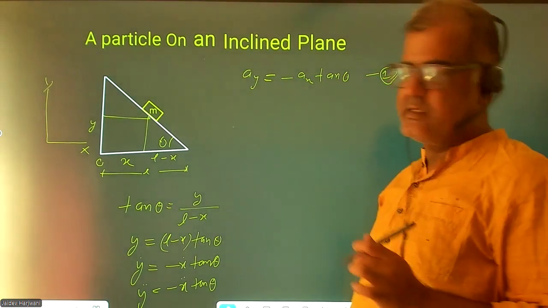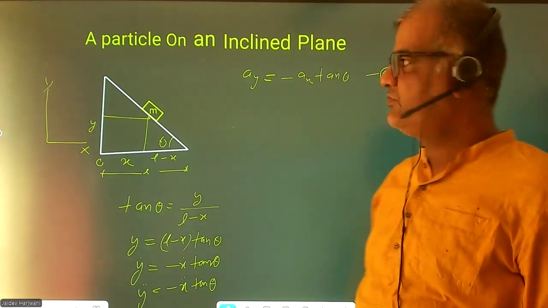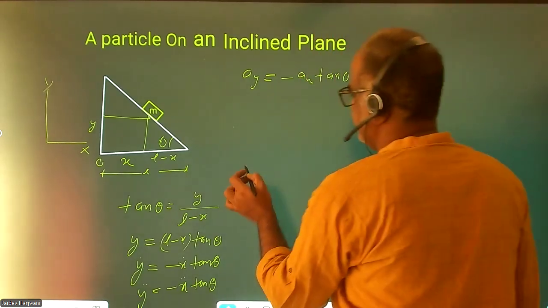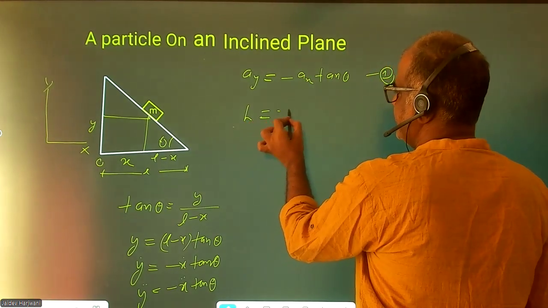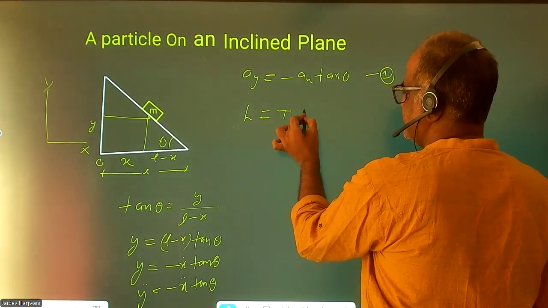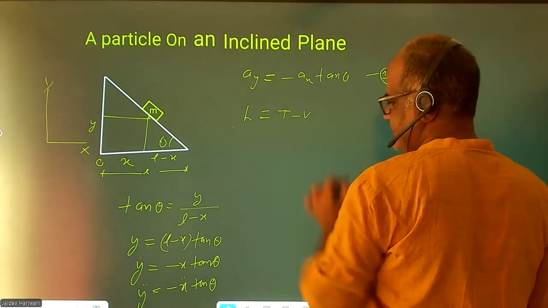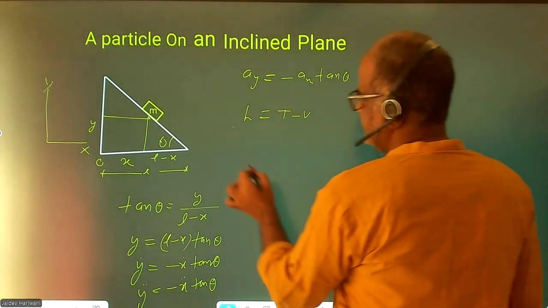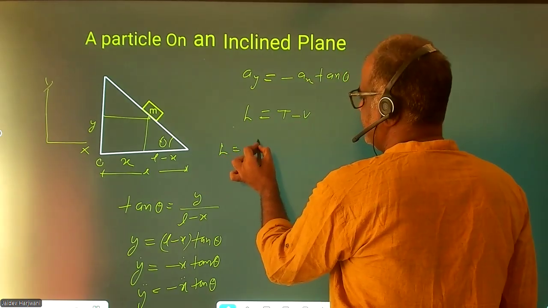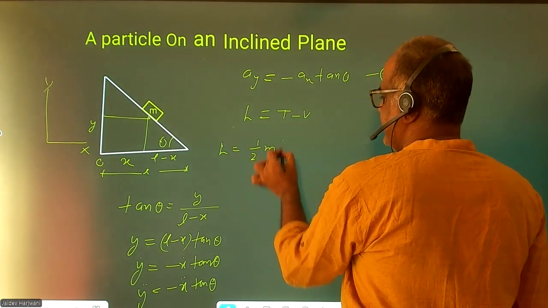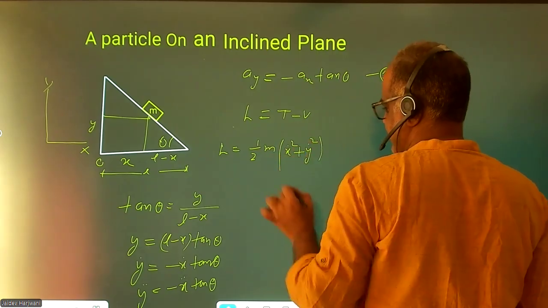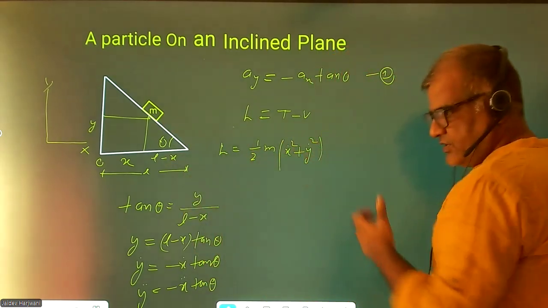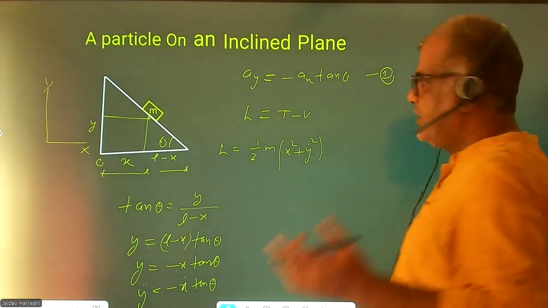Now, let us write the Lagrangian function for this problem. The Lagrangian is given by kinetic energy minus potential energy. So here I can write L is equal to half m (x dot squared plus y dot squared). The motion is in the plane, but there is one constraint equation, so there will be only one degree of freedom.